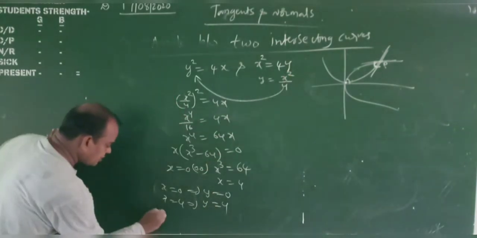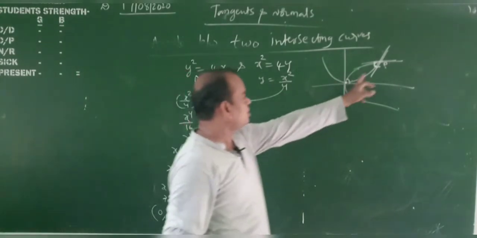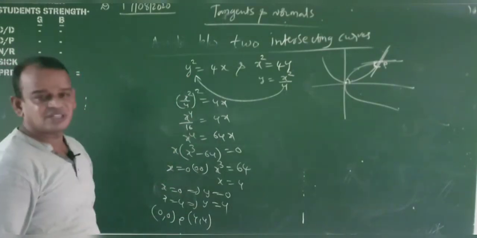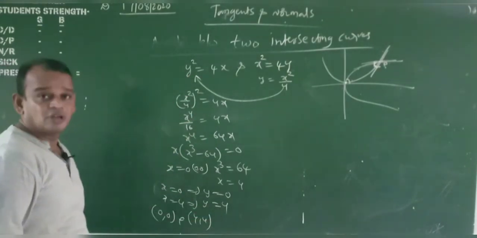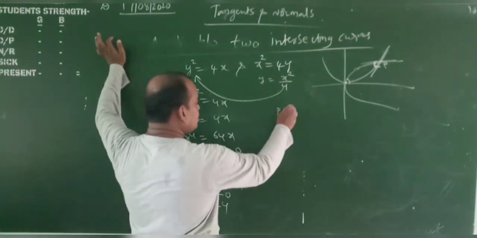What are the points of intersection? 0 comma 0 and 4 comma 4. The curves pass through 0 comma 0, and now we will work at 4 comma 4. My dear students, the point is clearly given: 4 comma 4.